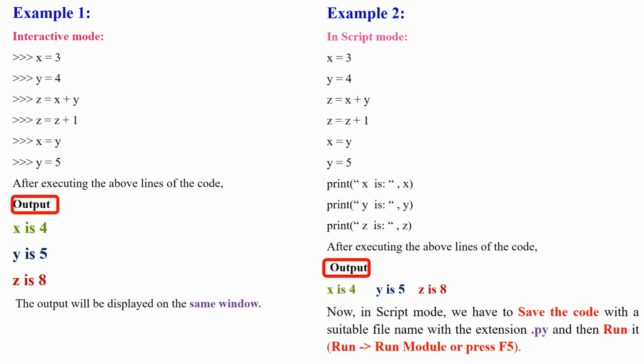Here the print function is used to print the values of variables x, y, and z. Then, for the output to get displayed, we have to save the code with a suitable file name with the extension .py and then run it, run module or press F5. Already, we have learned about how to use interactive mode and script mode in the previous video, Getting Started with Python. You can check it for reference.